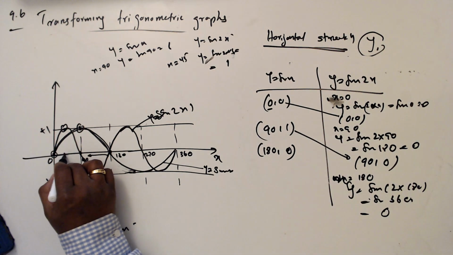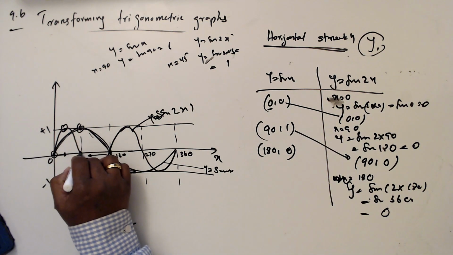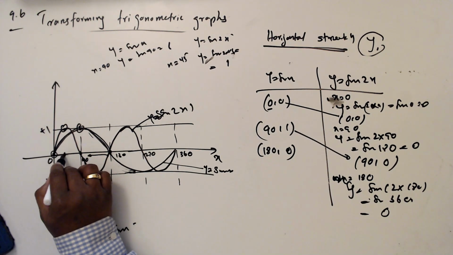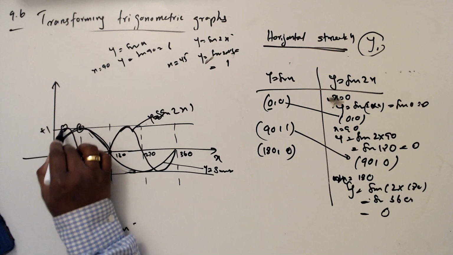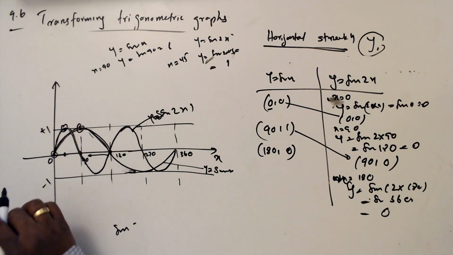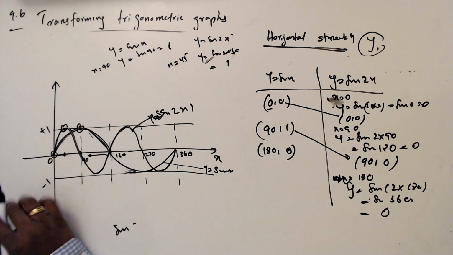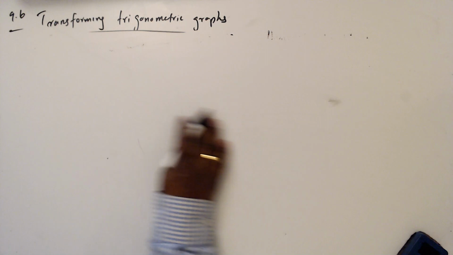Now, in the sine graph, you will get 1 at 90. But in this graph, you will get the peak value at 45. This is another way of looking at it.